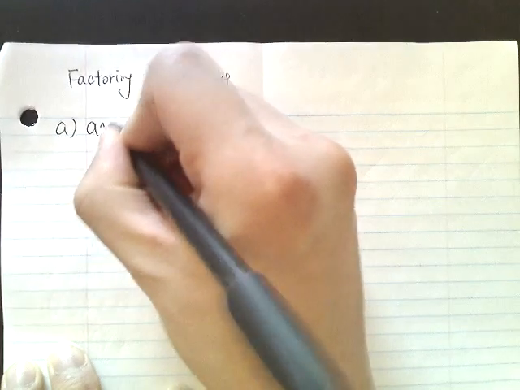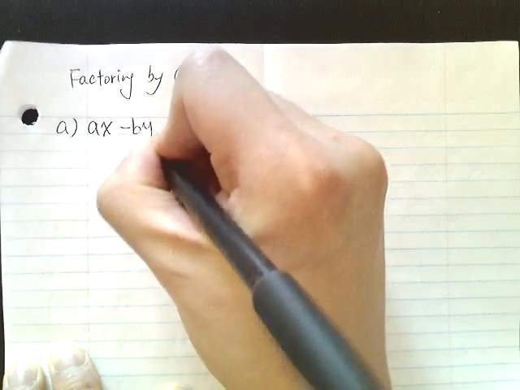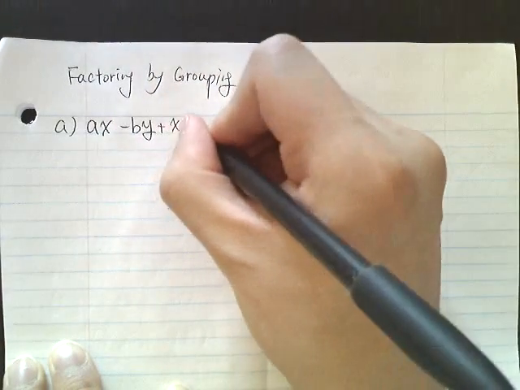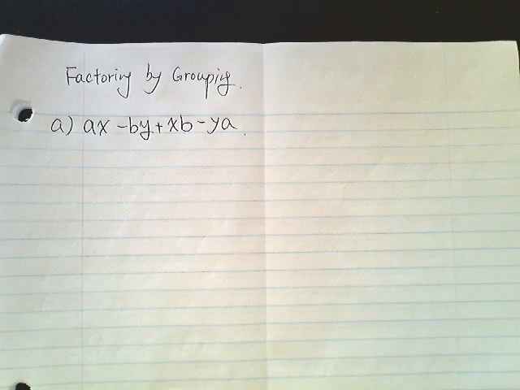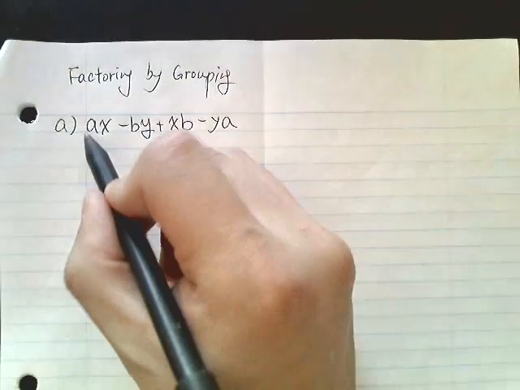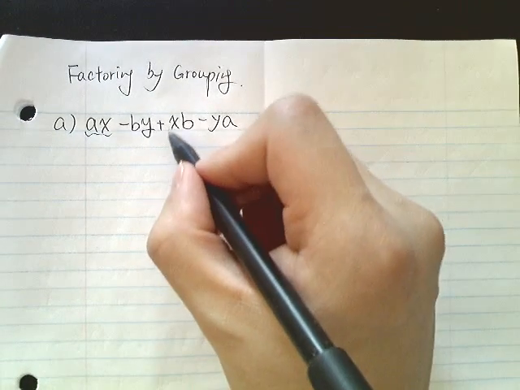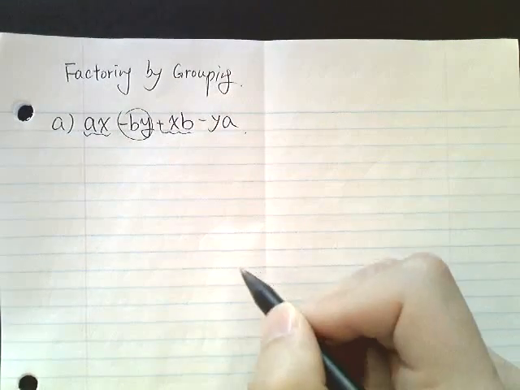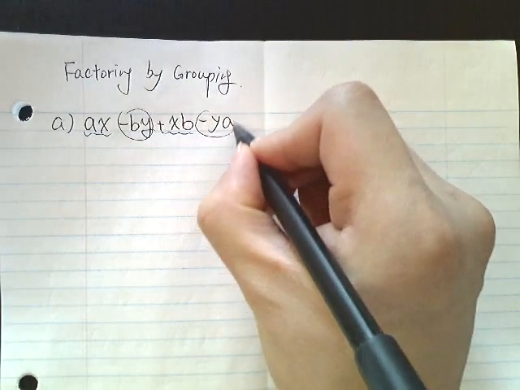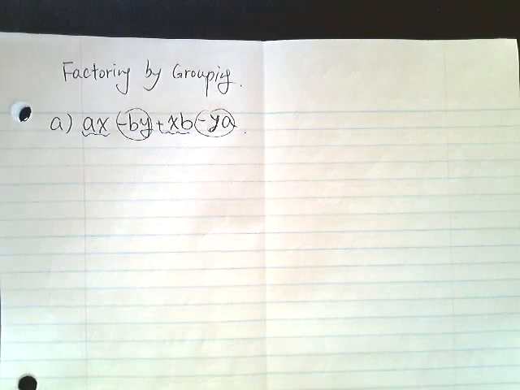So we have ax − by + xb − ya. Now, probably some of you can notice that, oh, this term has the same x term as this, and this −by has the same y as these two.